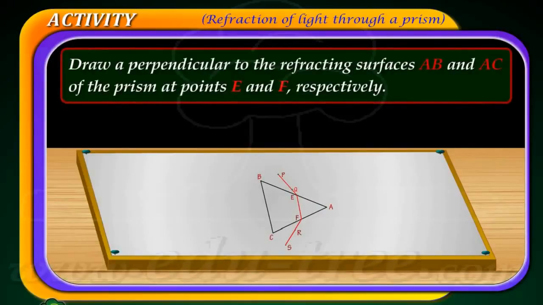Draw a perpendicular to the refracting surfaces AB and AC of the prism at points E and F, respectively.